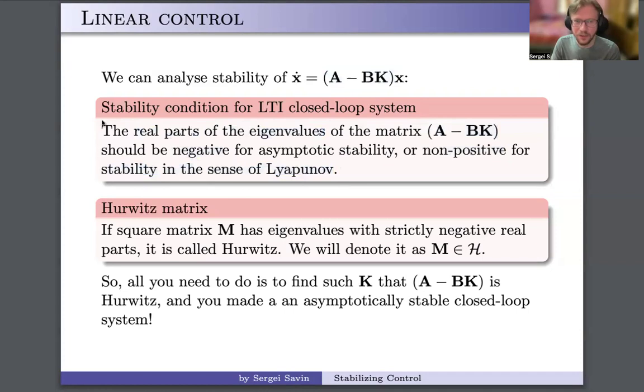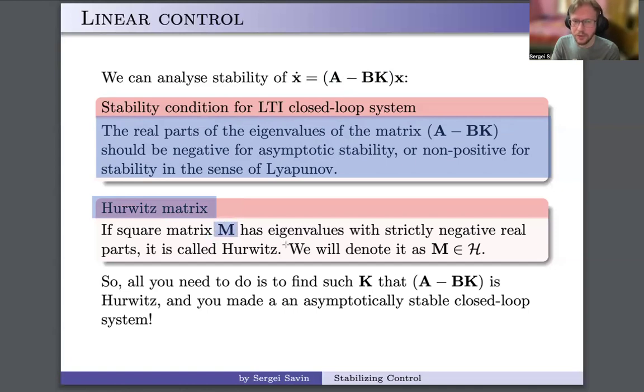Now, you can see that saying all of those things about eigenvalues is a little bit cumbersome. So I will introduce additional terminology, which again is used everywhere. Namely, we'll introduce the idea of a Hurwitz matrix. A Hurwitz matrix is a square matrix M whose eigenvalues have strictly negative real parts.